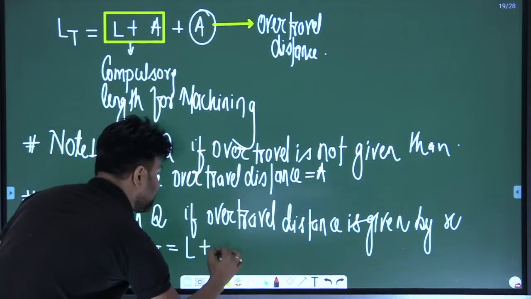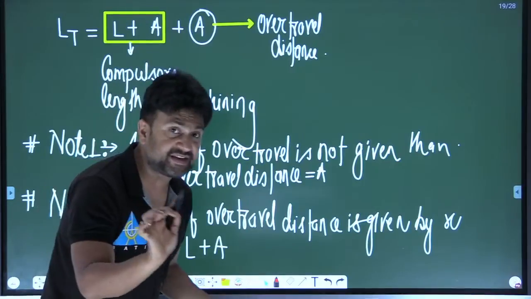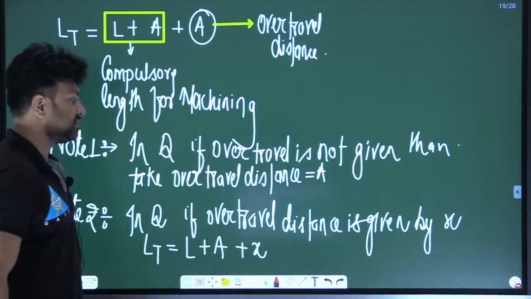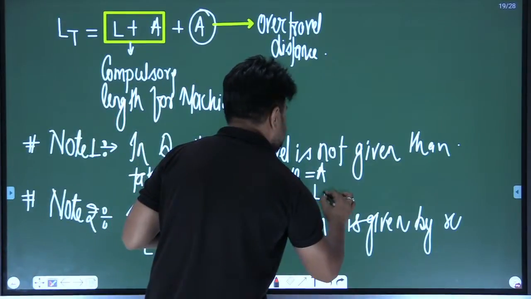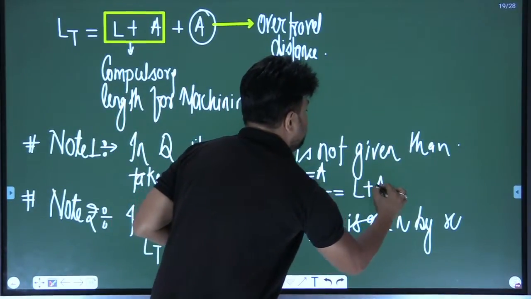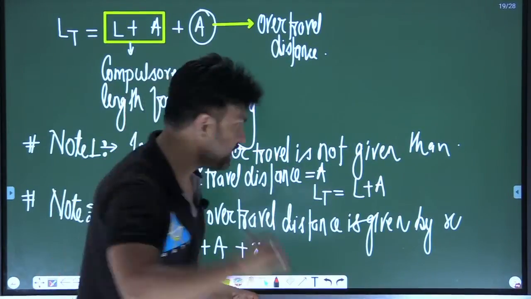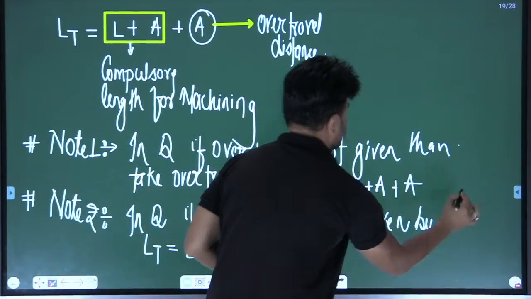L plus A is compulsory, and here the over travel distance is x. So L plus A is compulsory, and if in the question over travel distance is not given, then add A.